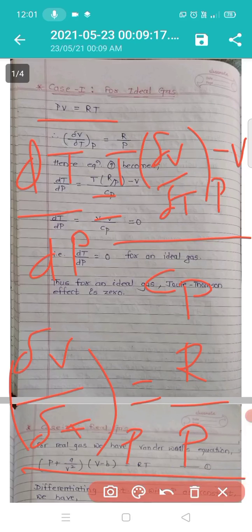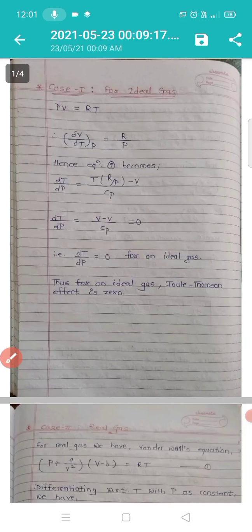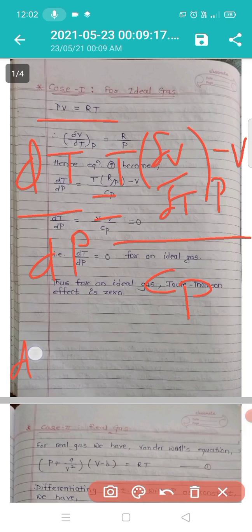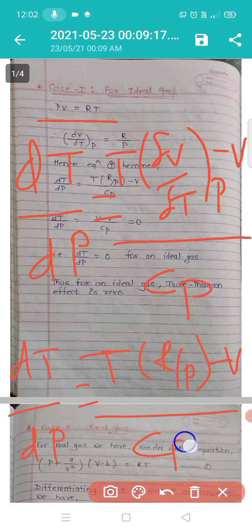Now put this value in the equation. Here the value of (∂V/∂T) at P is R/P, so we get dT/dP = [T × R/P − V] / Cp.